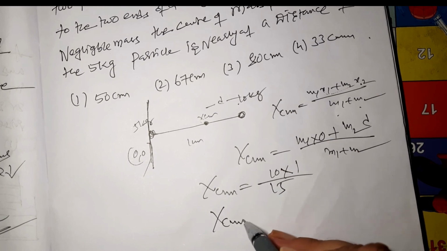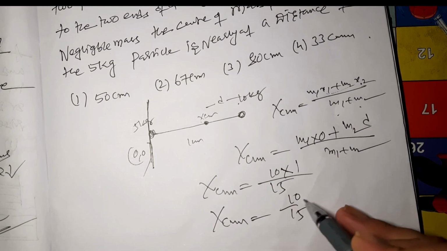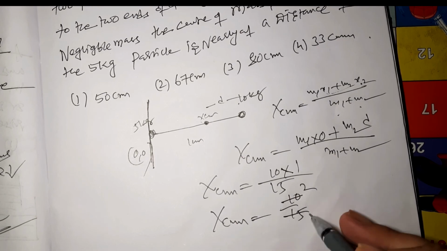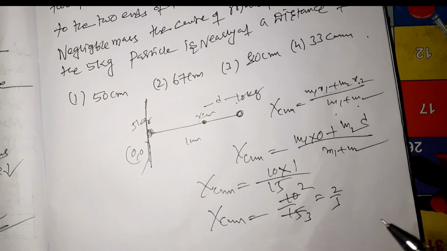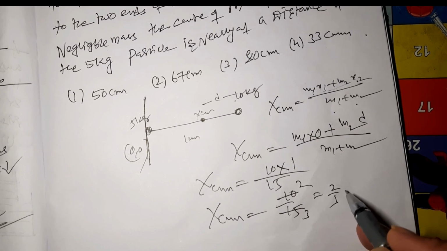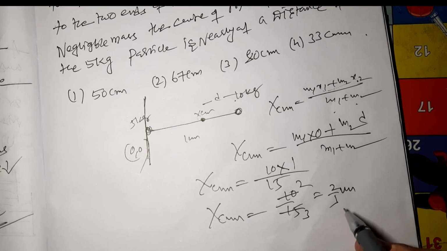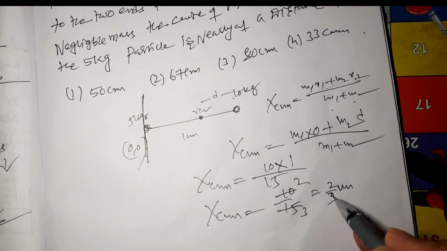So xcm is 10 by 15, which is 2 by 3 meters. Okay, 2 by 3 meters.